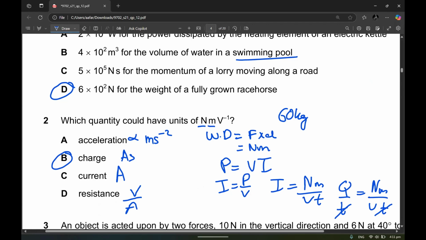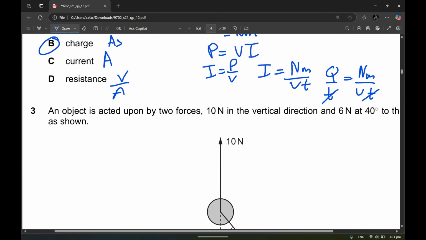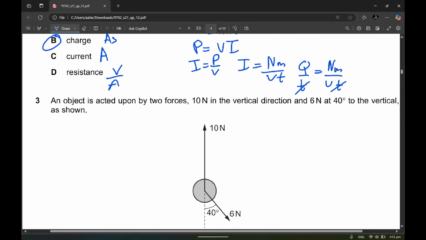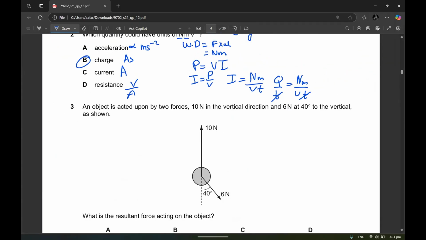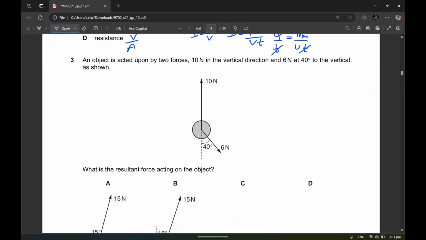So this was a fun question. An object is acted upon by two forces: 10 Newton in the vertical direction and 6 Newton at 40 degrees to the vertical as shown. What is the resultant force acting on the object?